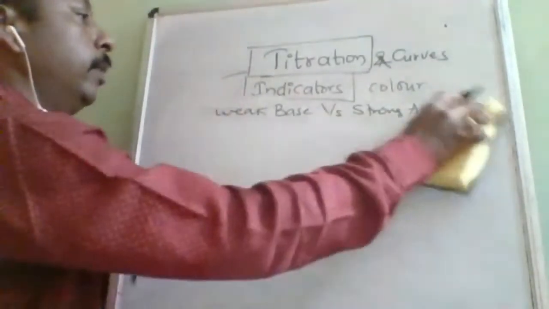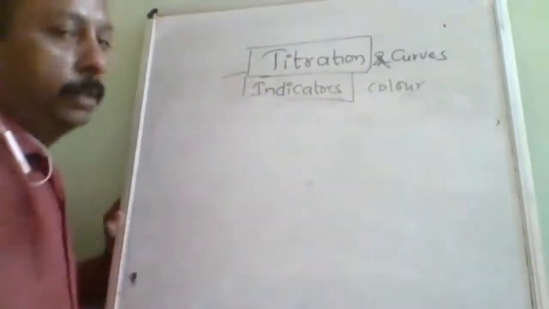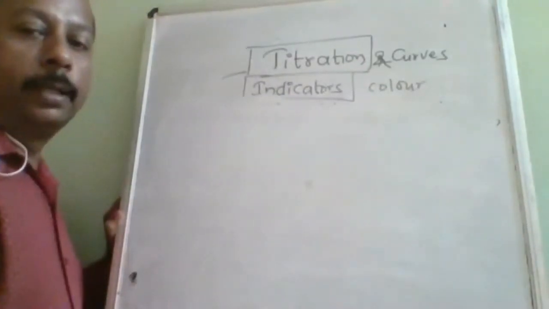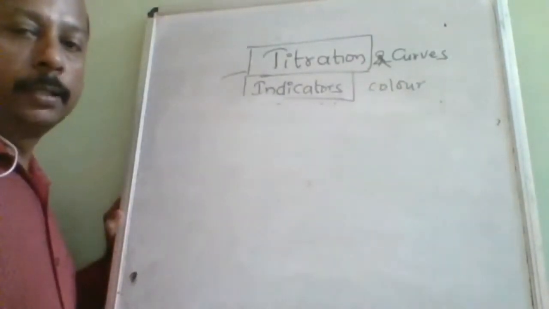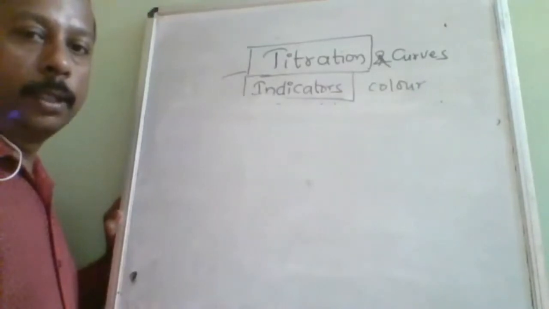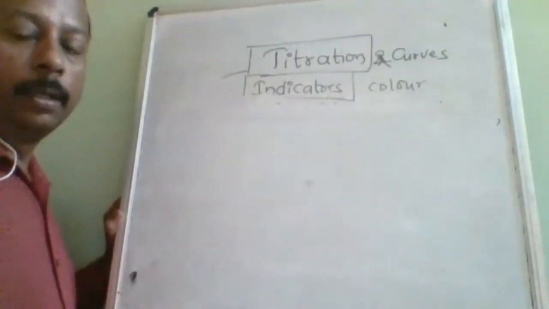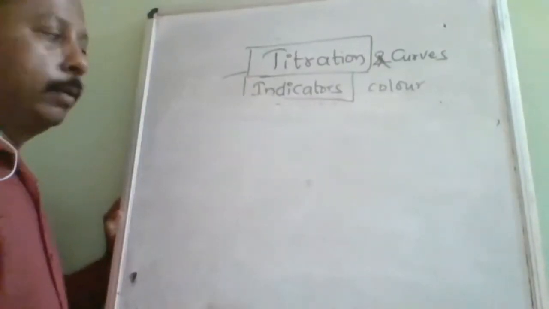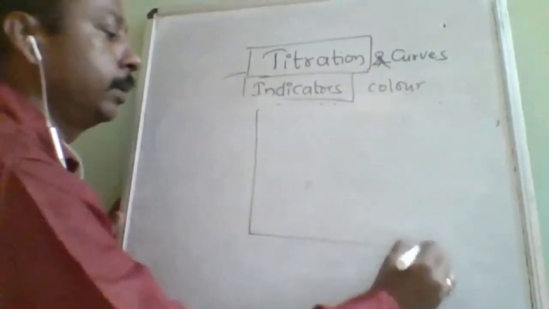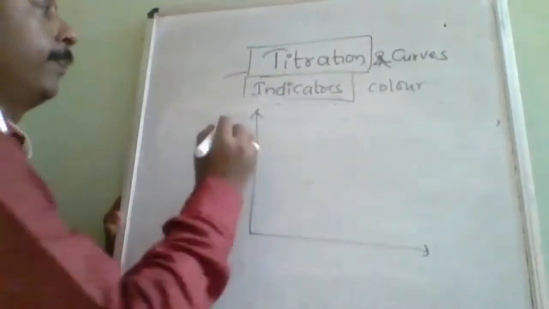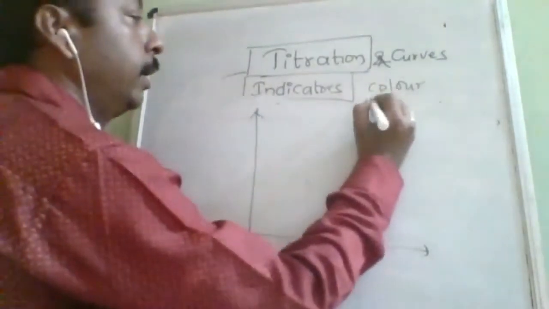And one more typical topic is when the acid is diprotic. When acid is diprotic, how many equivalence points will be there? There will be 2 equivalence points. Now I am changing the entire strategy.